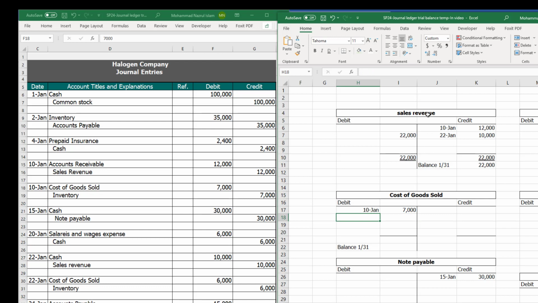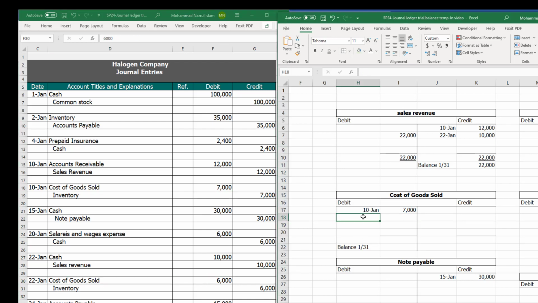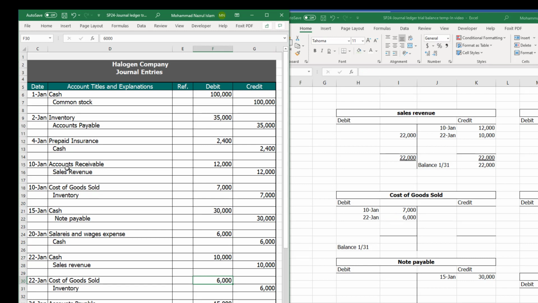And then we have another one on January 22nd, and the cost of goods sold is 6,000 debit. Another one is 7,000 debit.